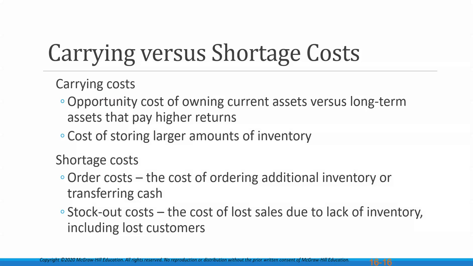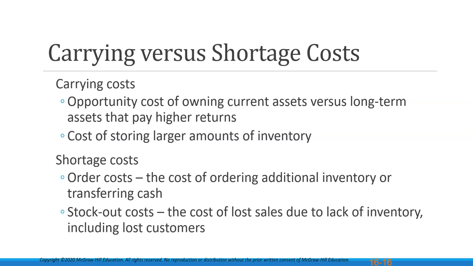So what are these different things? Carrying costs and shortage costs. So carrying costs are the opportunity costs of owning current assets versus long-term assets that pay higher returns. It's the cost of storing large amounts of inventory.